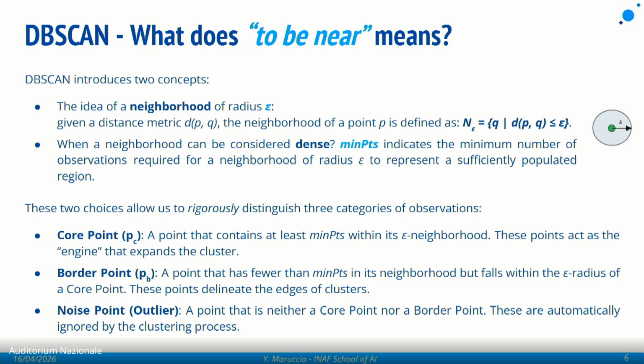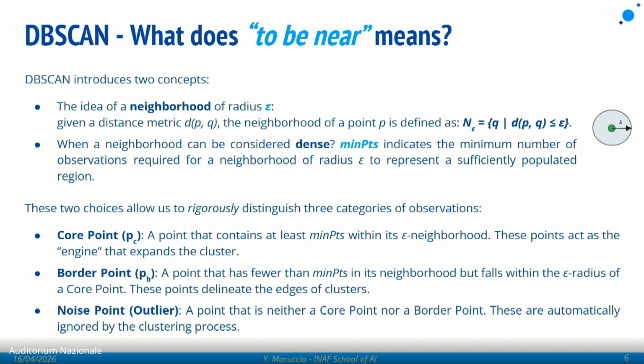We can have noise points that are outside the clusters, points that are not considered within the groups. The core point is a point that contains at least MinPts points within the radius, and the algorithm starts from this core point to expand the cluster.